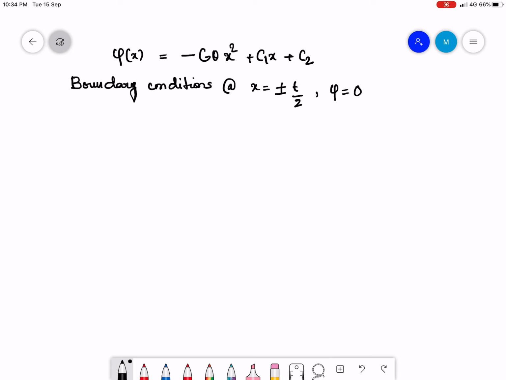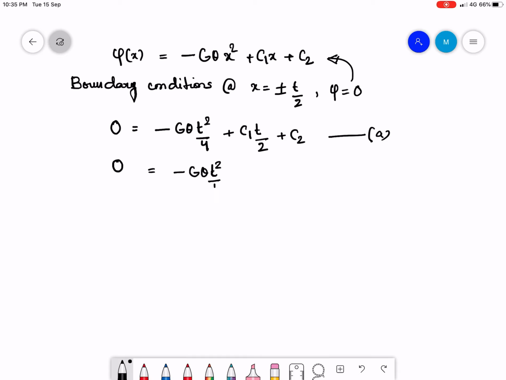Imposing this boundary condition, 0 is equal to minus G theta t square by 4 plus C1 t by 2 plus C2, that is equation A, and again 0 is equal to minus G theta t square by 4 minus C1 t by 2 plus C2. Let me call this B.